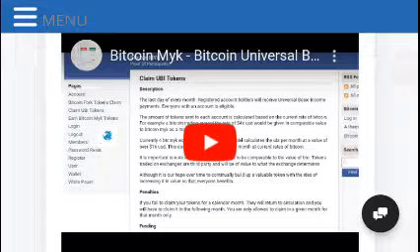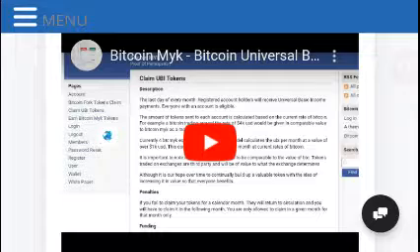What we do is a type or form of airdrop based on the Bitcoin ledger. What that means is that if you own a certain amount of Bitcoin, you get Bitcoin MYK free in a certain ratio. This is a little different from just getting airdrop tokens sent to you each month.